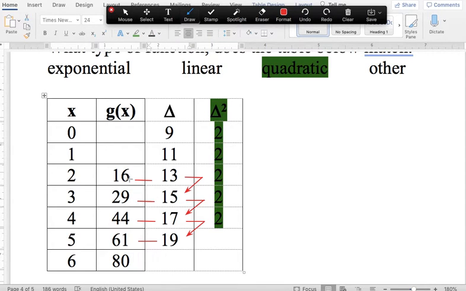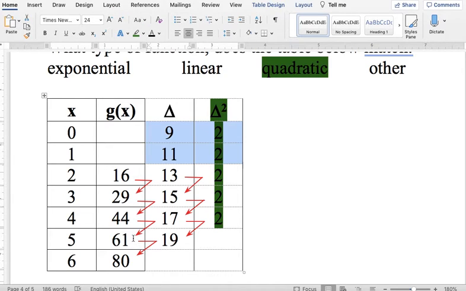Originally, I thought of this as 16 plus 13 to get me 29. 29 plus 15 to get me 44. 44 plus 17 is 61. 61 plus 19 gets me an even 80. So going down, I was adding.